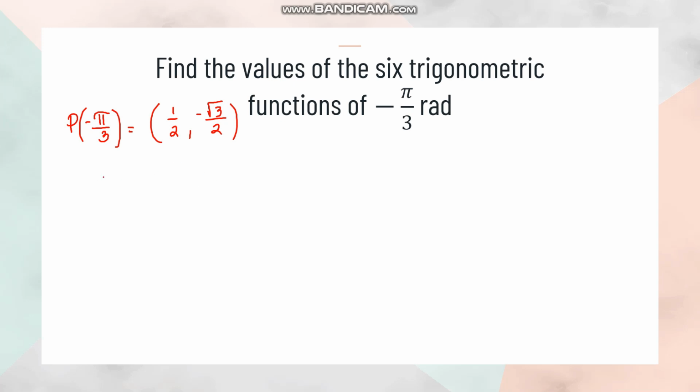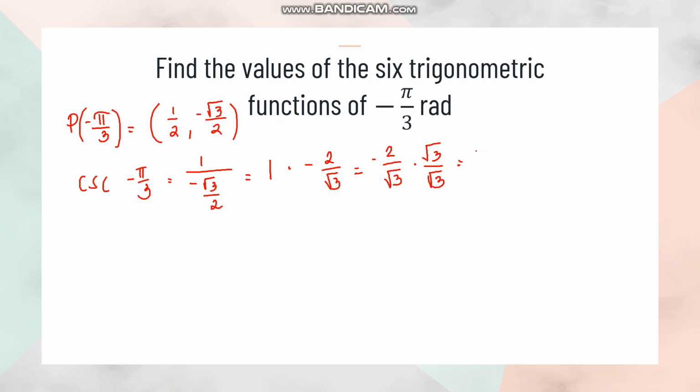Now let's solve for the cosecant of negative pi over 3. So this will be equal to 1 over y. So 1 over, then our y is negative square root of 3 over 2. So just get the reciprocal of the denominator. Then we will have negative 2 all over square root of 3. Then we have to rationalize this.